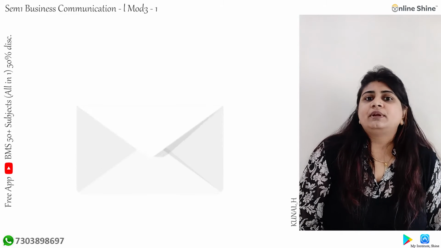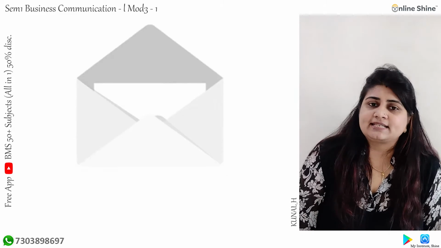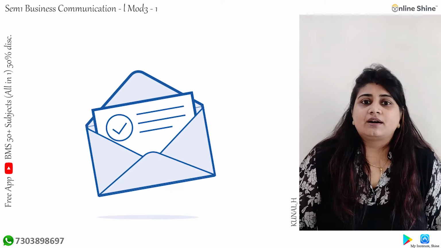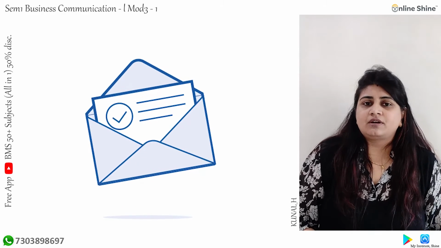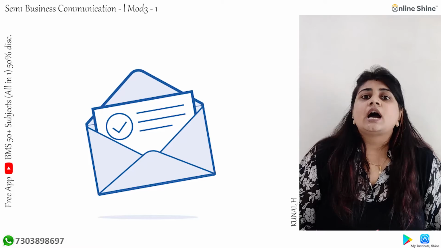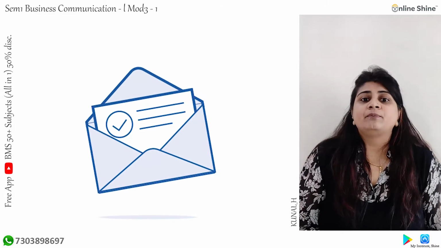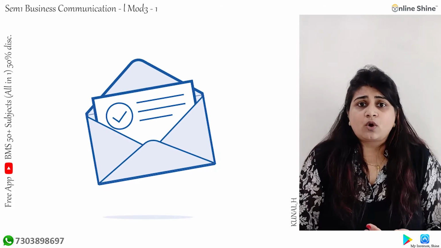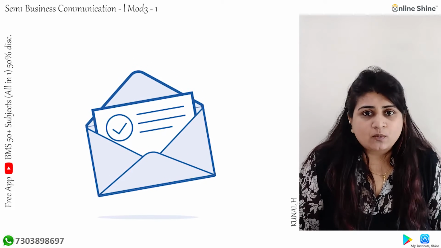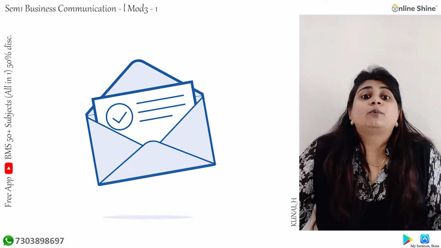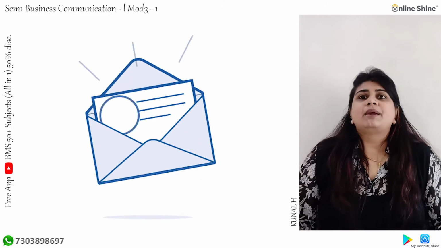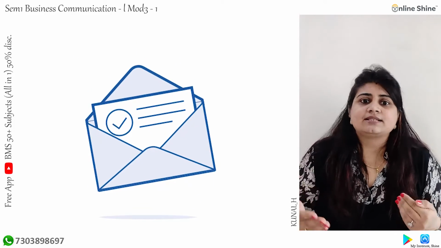So, for example, as we were discussing the sales letter, if I have written a sales letter to tell my future customers that there is a sale in my organization with regards to various products and services, along with that sales letter I am also going to attach, or put in their envelope, maybe the discount coupon, maybe the brochure of the product and services, maybe the address card. Three things I may have put.